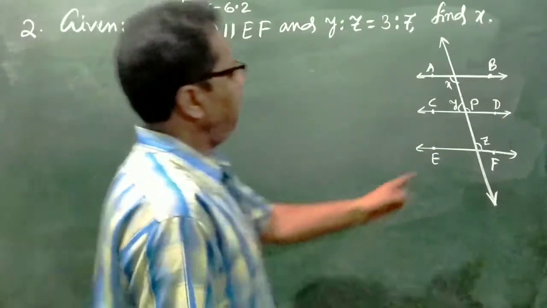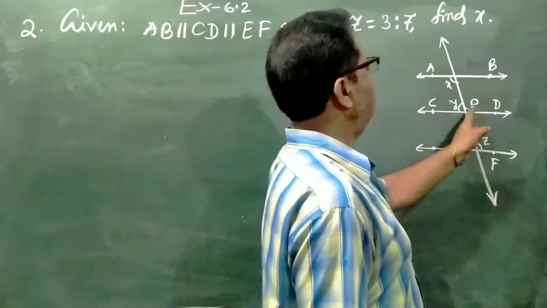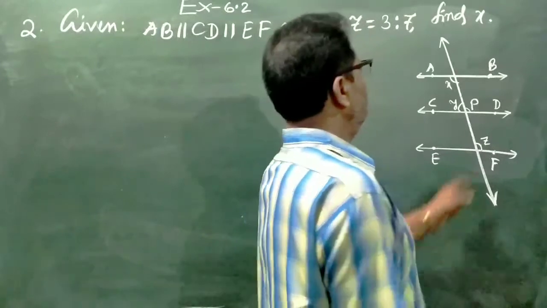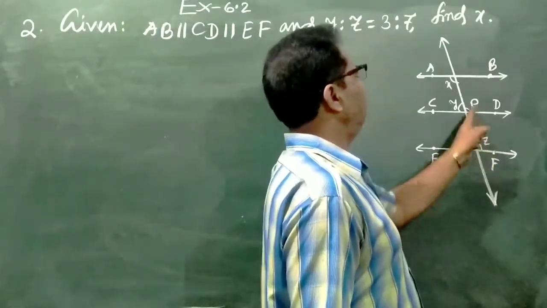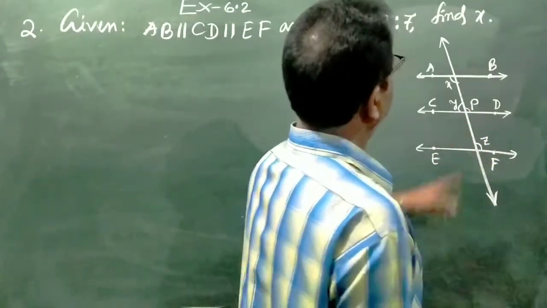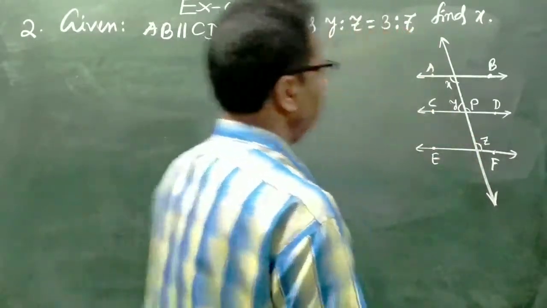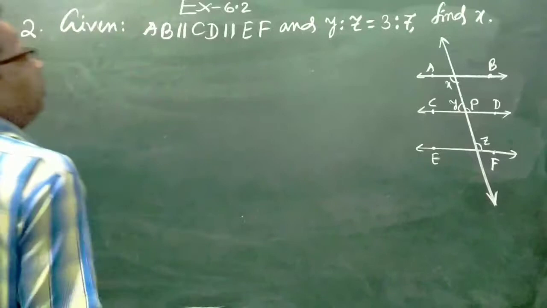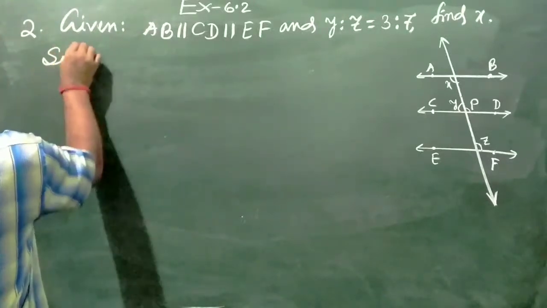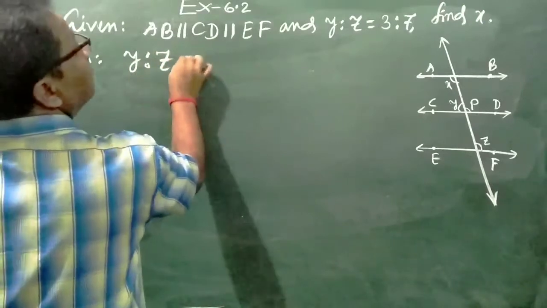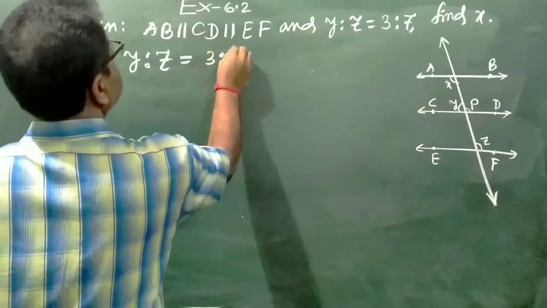So here P and Z, these two will be equal because these two angles are called corresponding angles. So angle P, P plus Z will be 180 degrees. Again Y is to Z is given as 3:7. From there we will get one relation between Y and Z. Y is to Z is equal to 3:7.